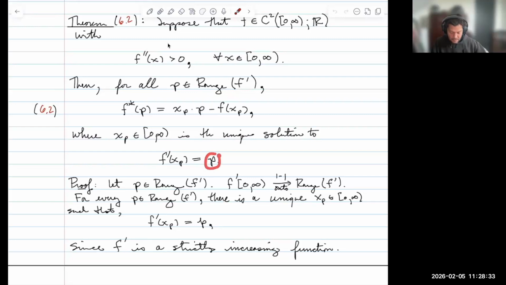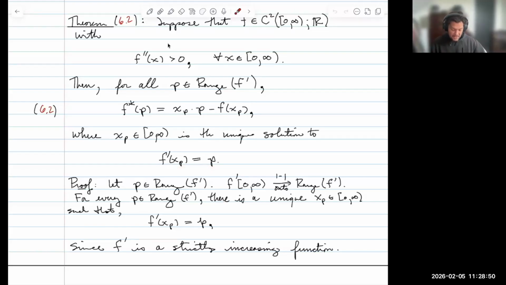That means we should be able to find at least one value that gets mapped to p because it's in the range of f prime. But the fact that it's unique stems from the fact that this function is one-to-one. We'll get there in a minute.